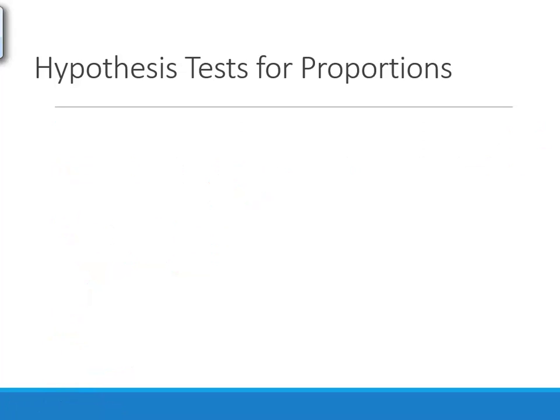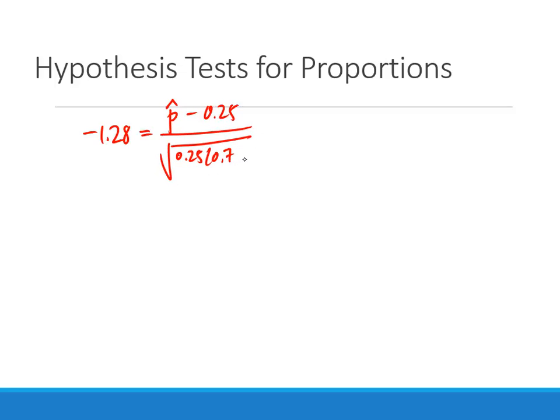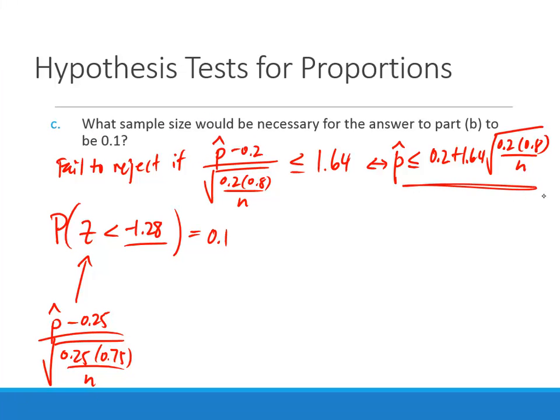What I want to do is set negative 1.28 equal to (p hat minus 0.25) divided by the square root of (0.25 times 0.75 over n). But the p hat value that I actually care about is the one up here. The p hat I'm concerned about will depend on my sample size, on n.